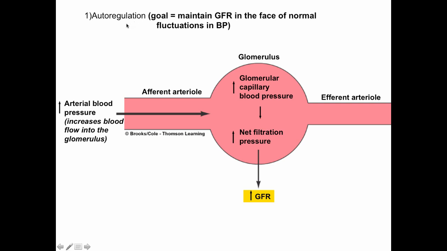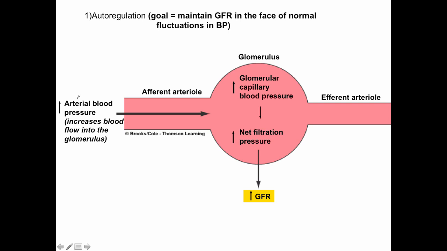Keeping in mind that with autoregulation the goal is to maintain GFR in the face of normal blood pressure fluctuations. As I said, blood pressure fluctuates all the time. Our blood pressure increases and decreases for a variety of reasons.